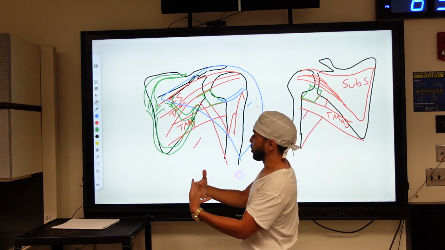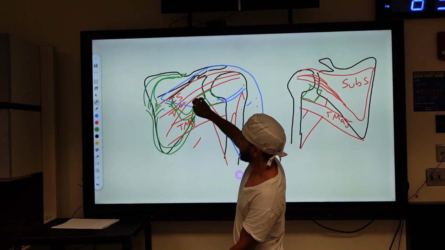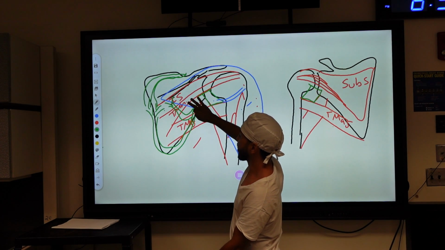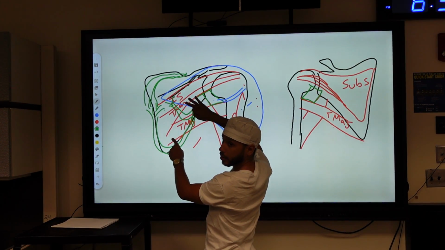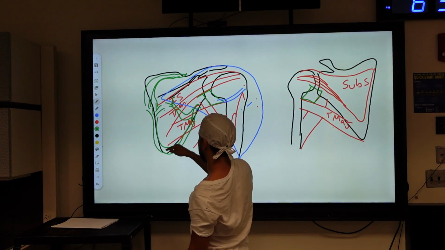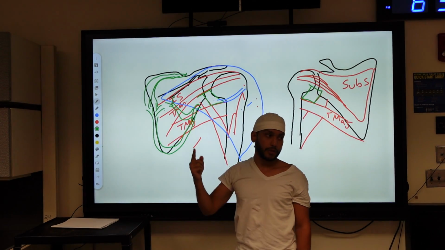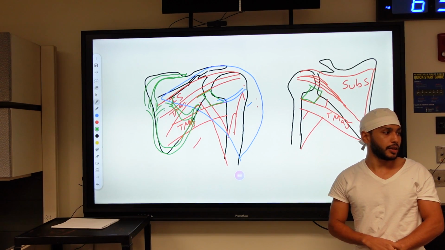So the significance of that is that if I were to ligate this artery here, I can still get blood flow to my scapula through the suprascapular artery. If I were to ligate my suprascapular artery, I can still get blood flow through my circumflex scapular artery around my scapula. There's a lot of different anastomotic networks all throughout the body.